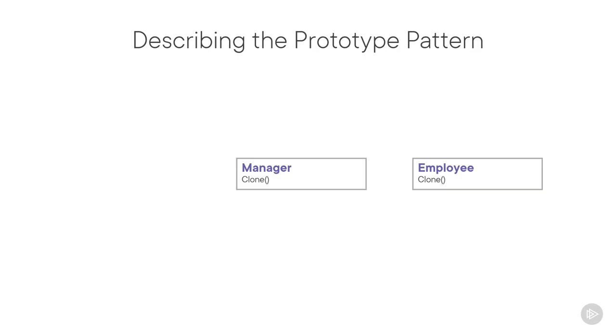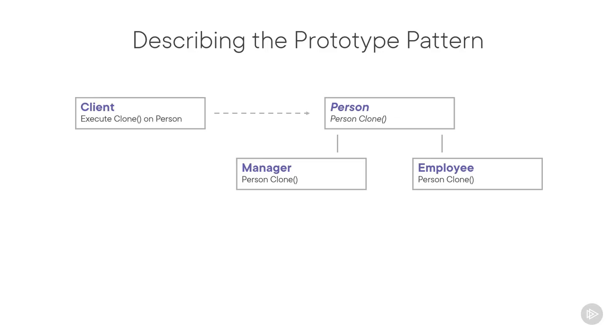Moreover, as we know both employee and manager derive from person, we can define this method on the person class and override it in the subclasses. The client application only needs to know about the person class's clone method to be able to clone subclasses like employee and manager. What you see here is the prototype pattern at work.